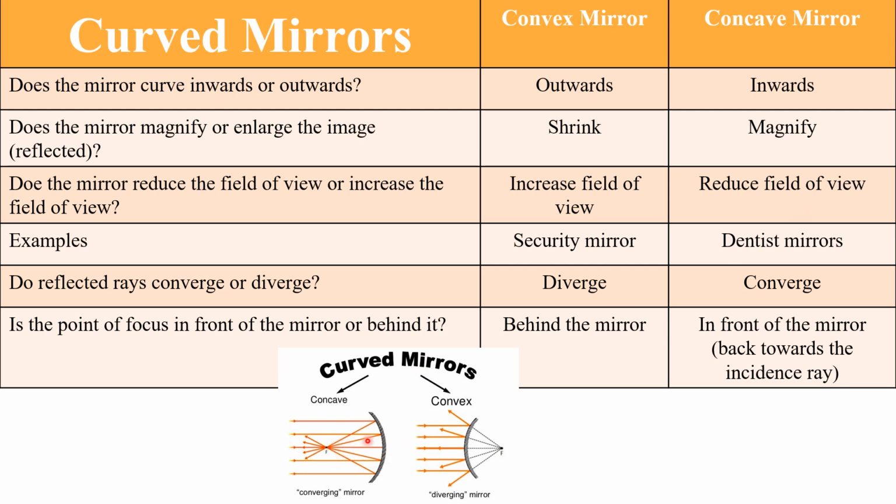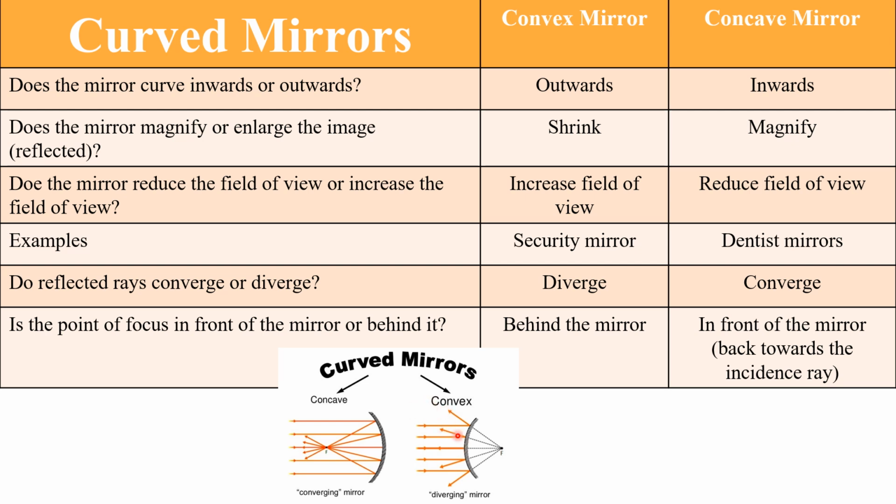For instance, when we have a dentist putting in a concave mirror behind the back of one of our teeth to find a cavity. When we have the convex mirror, we'll get the opposite effect. So the reflected rays will diverge. Diverge means move away from each other.